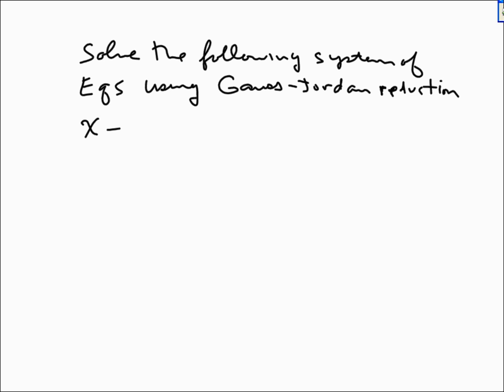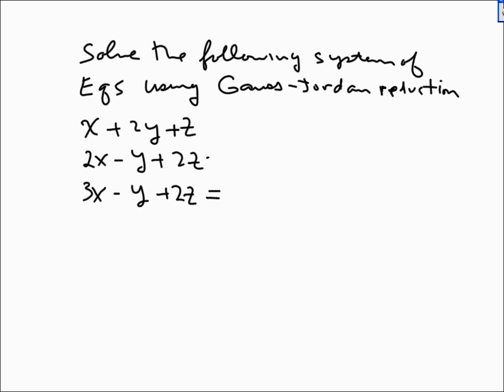So suppose you have x plus 2y plus z, and 2x minus y plus 2z, and 3x minus y plus 2z, and let's see, 3, 6, and 7. Suppose we have this. Okay. The first thing is we need more space. So I'm going to write it down without saying the steps, stating the problem.